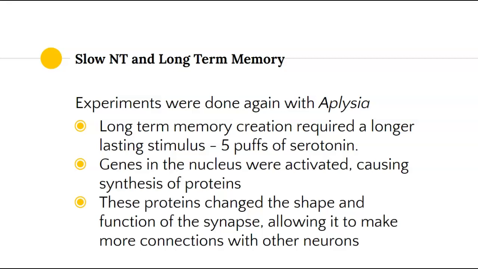And these proteins changed the shape and function of the synapse that was there to retract the gill. By changing the shape and function of the synapse, it made additional connections with other neurons to allow this to happen at a faster rate.